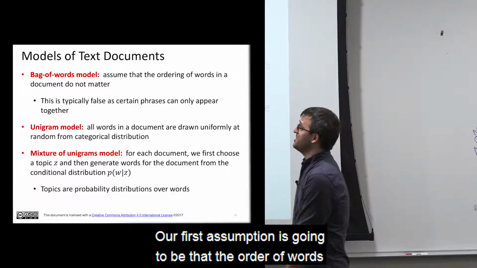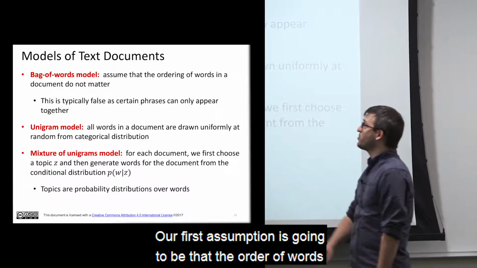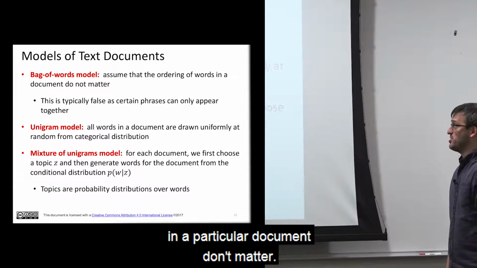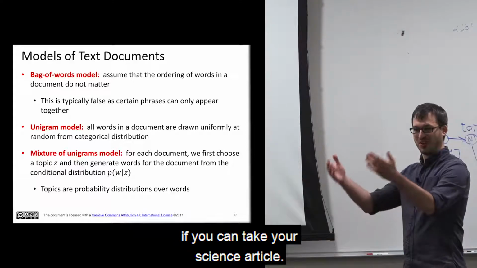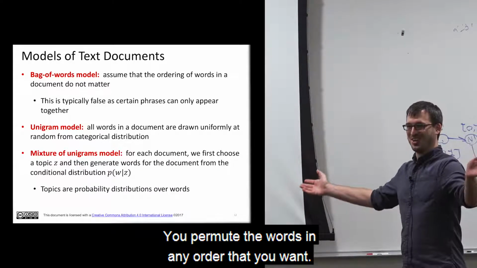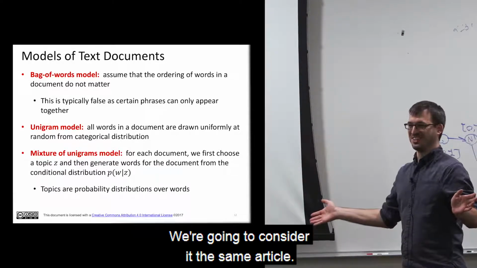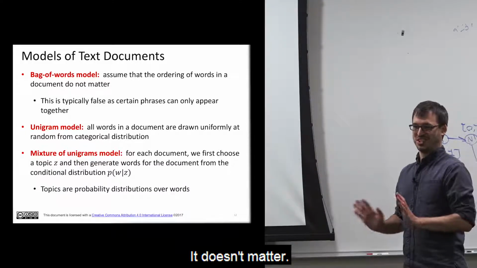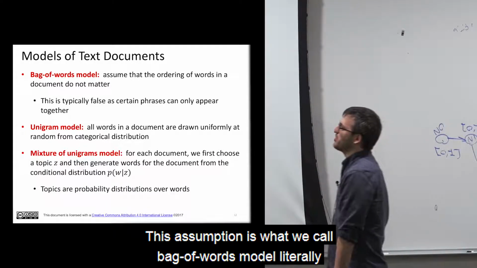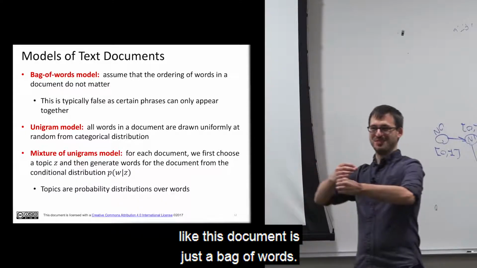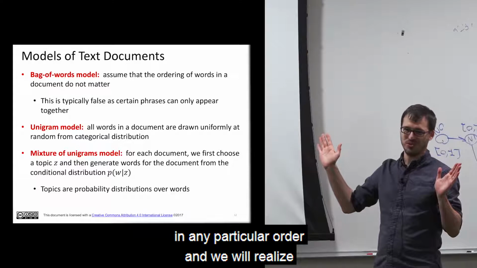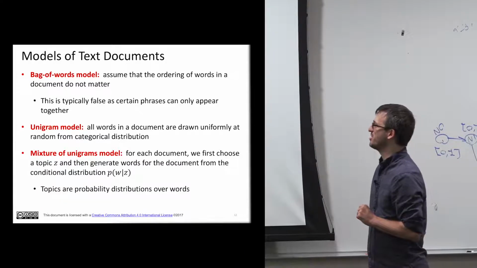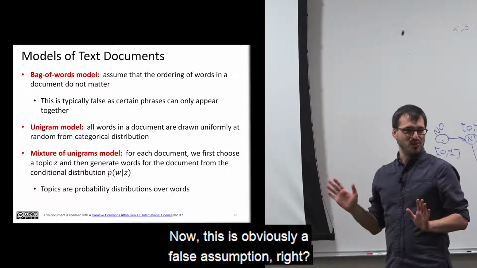Our first assumption is that the order of words in a particular document doesn't matter. If you take your science article and permute the words in any order that you want, we're going to consider it the same article. This assumption is what we call a bag of words model. Literally, this document is just a bag of words. You can pull the words out one by one in any particular order, and we'll realize that as the same document. Now, this is obviously a false assumption.